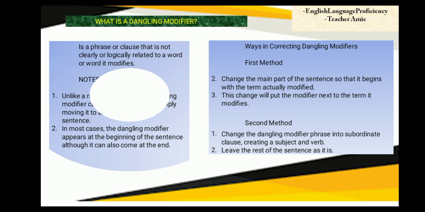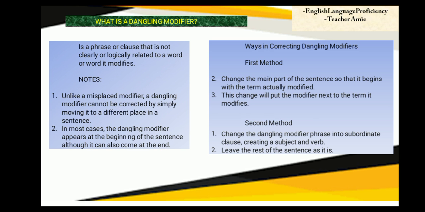Next one, we also have the dangling modifier. So, the difference between misplaced modifier and dangling modifier is that when we say dangling modifier, some phrases or clauses are not clearly or logically related to a word it modifies.